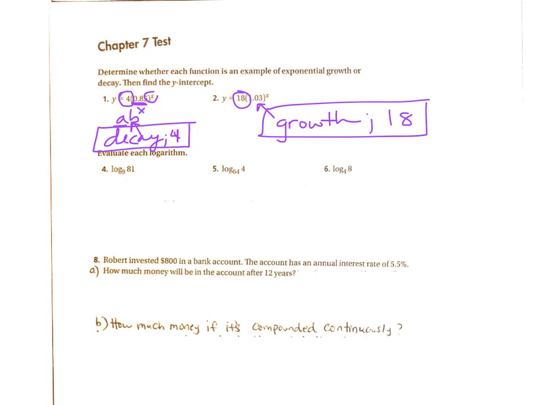Remember you ask yourself the question on these: 9 to what power would equal 81? Right? So 9 squared would equal 81. So our answer would be 2 here. Okay. This one's 64 to what power would equal 4?